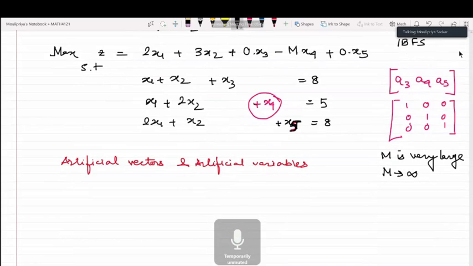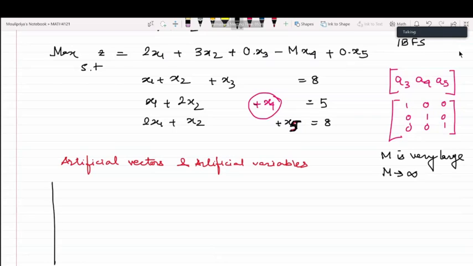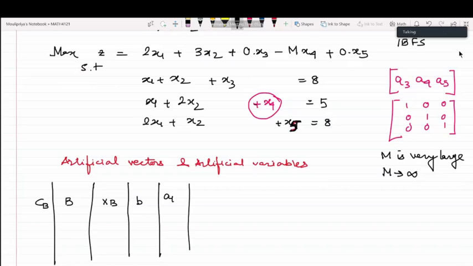I will do one step so you can understand. In this particular problem we have CB, B, XB, small b, A1, A2, A3, A4, A5.